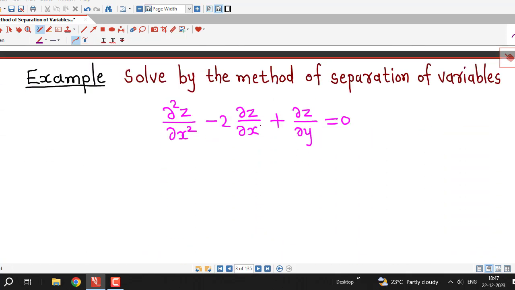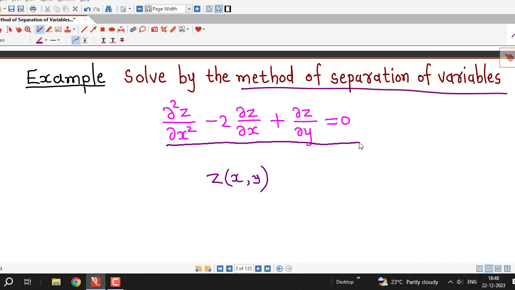I have taken this example here. Solve the following partial differential equation with the method of separation of variables. You can see here we have partial derivatives of z with respect to x and y. That means we are interested in the unknown function z which satisfies this homogeneous linear partial differential equation.